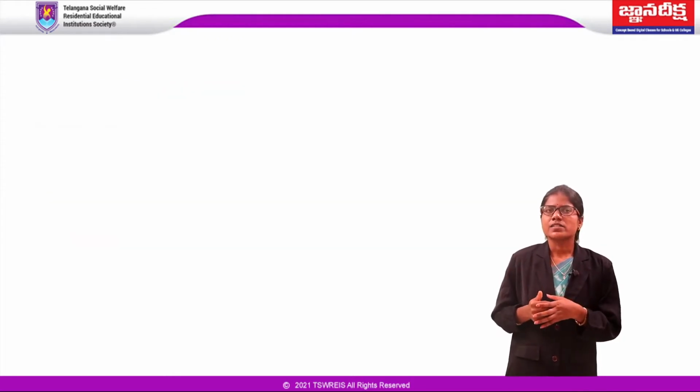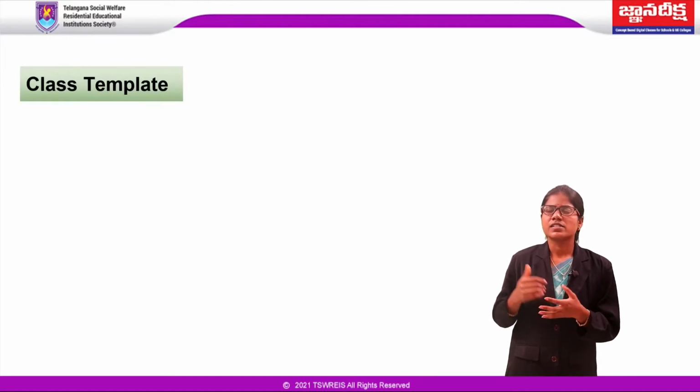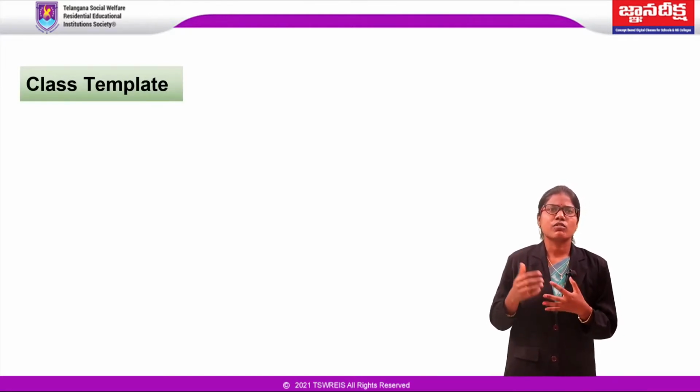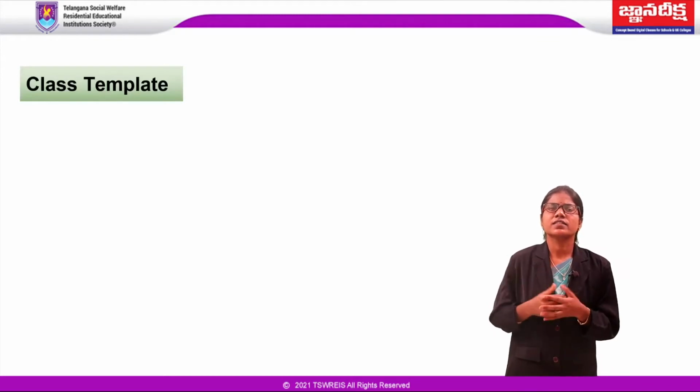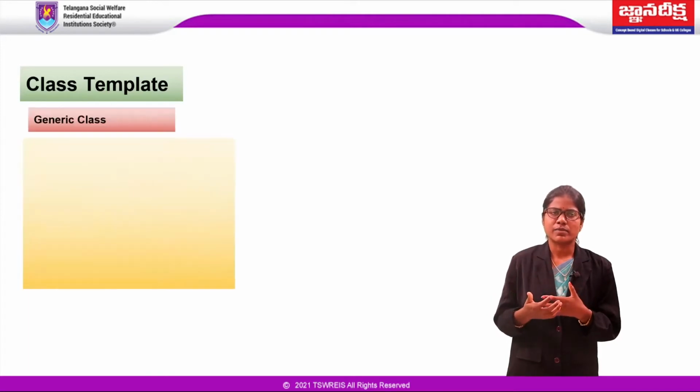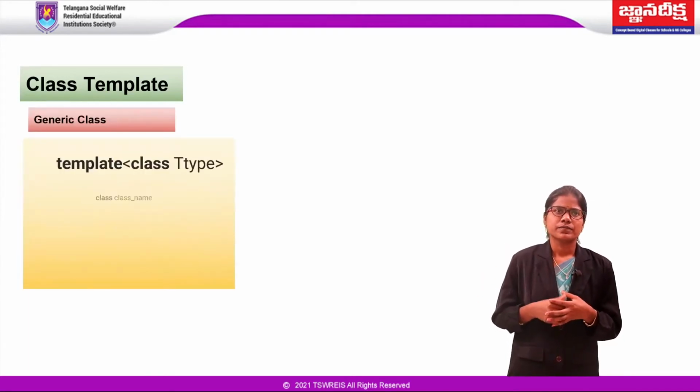Class templates can also be defined similar to function templates. When a class uses the concept of a template, then the class is known as a generic class or class template. This is the syntax of a class template.